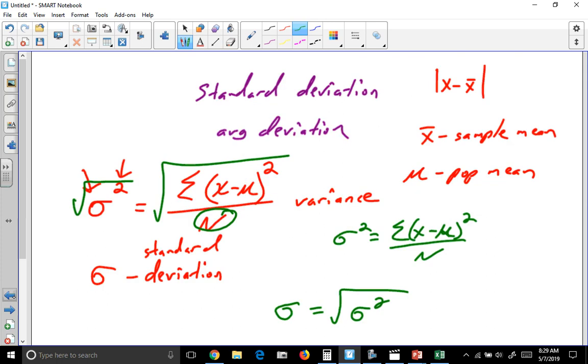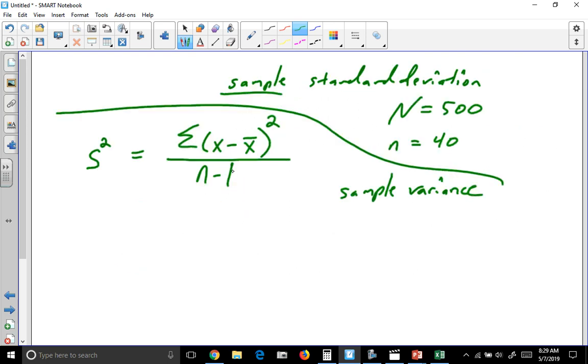Just like the population variance was when we added up those square deviations, the sample variance is the same, just we divide by n minus 1. So S here stands for the sample standard deviation. And most of the time when we're dealing with standard deviation, we're going to be dealing with the sample standard deviation.